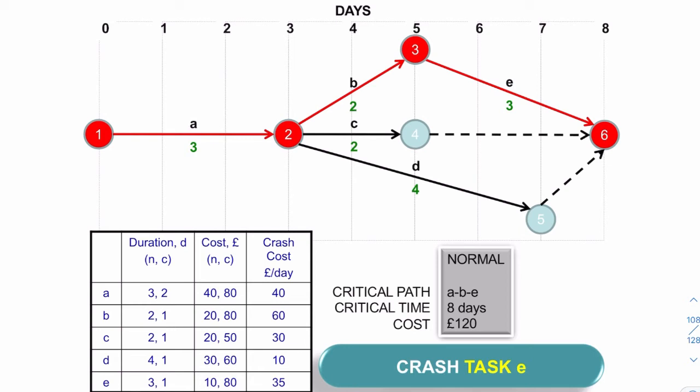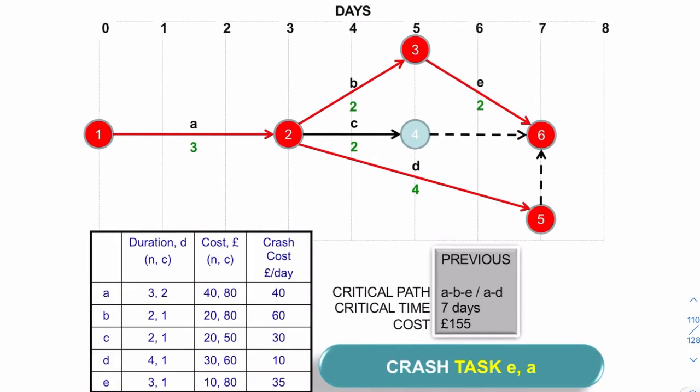So that would bring this activity to here. So this is our crashed diagram. Here we've crashed task E. We've crashed E. So we no longer have anything happening here because this has been reduced from 3 days to 2 days.